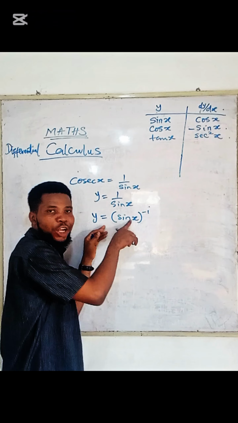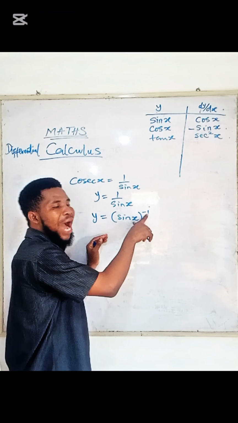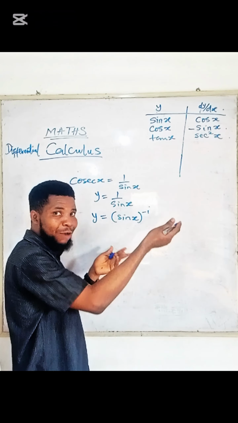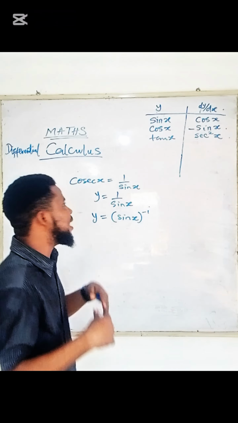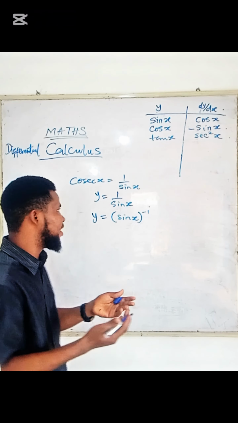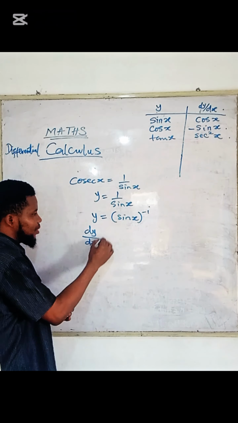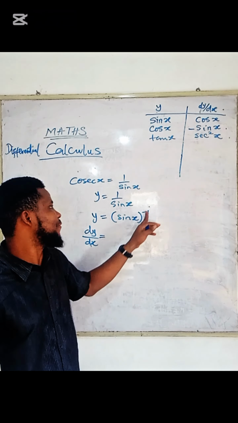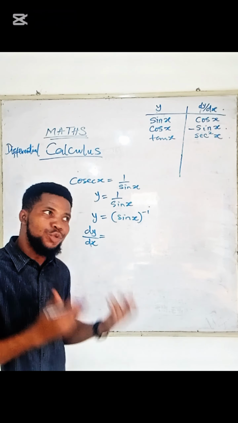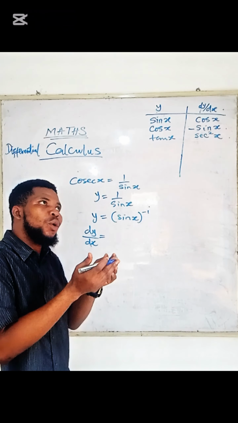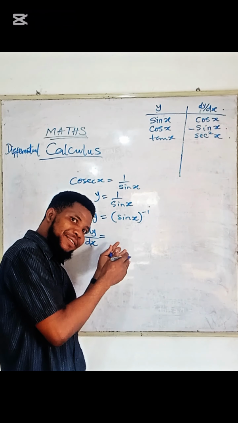So we have a function of trigonometry ratio inside, then we have another function outside. Let me use function of function because that's the fastest. So when you are differentiating and you have a function inside, then another function outside, what we do is differentiate what you have inside.